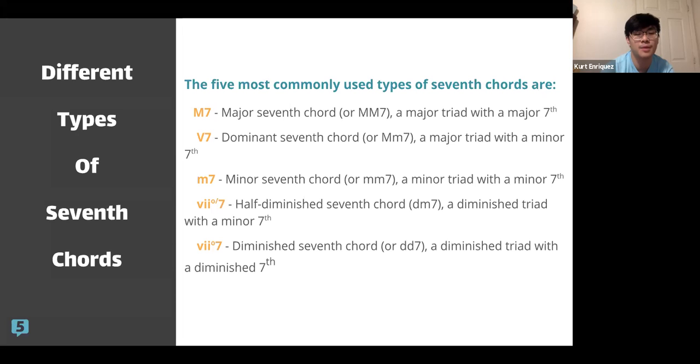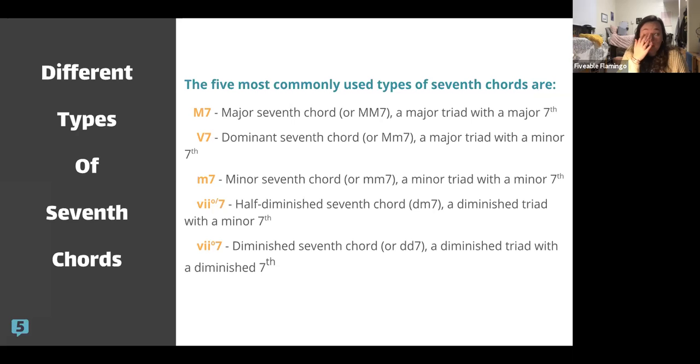For the exam, are we going to have to identify the seventh chords by sound, or is it more like notating, like on an FRQ? So seventh chords, you won't have to listen to. You'll have to write them out though. Writing them out is really what most people are tested on.